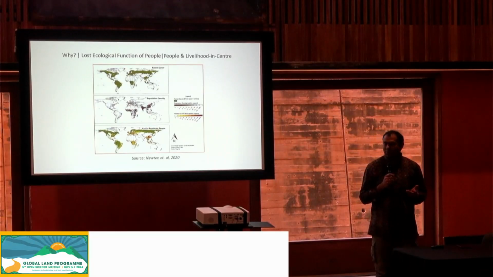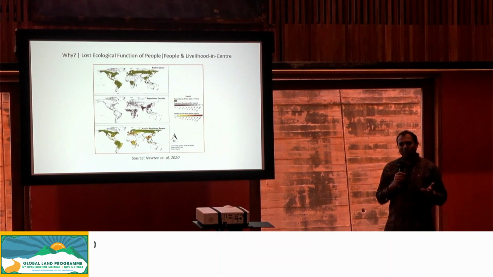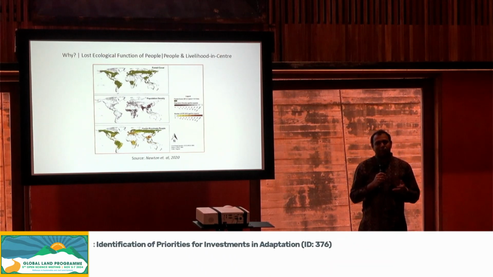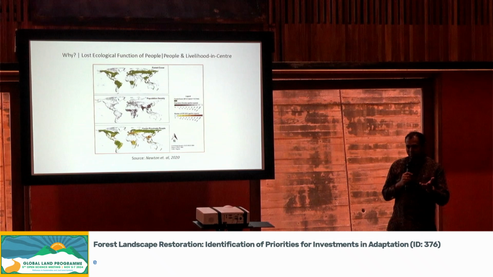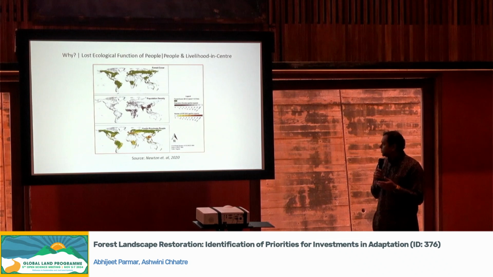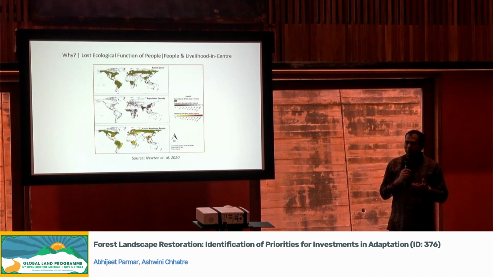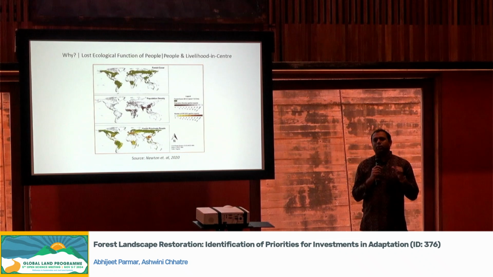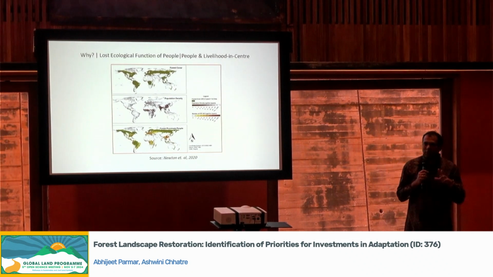What I want to talk about today is something which has been resonating across the theme of this event. We have also seen different concerns and different advancements in methods, different priorities related to forest landscape restoration. So our effort here is basically to do two things.